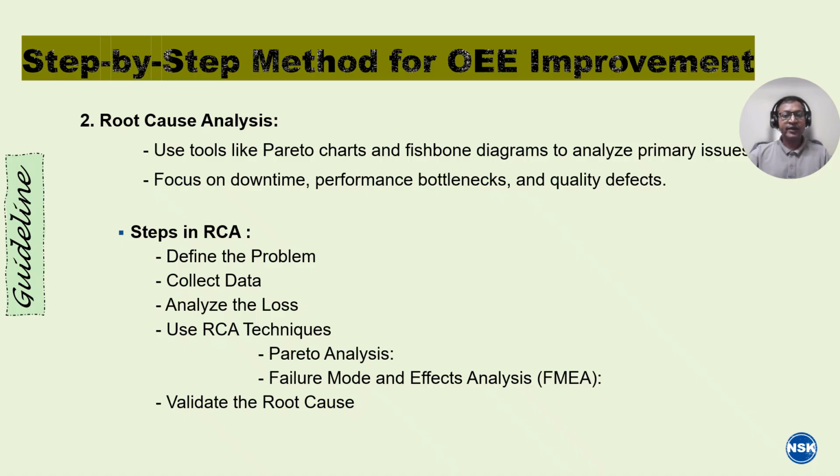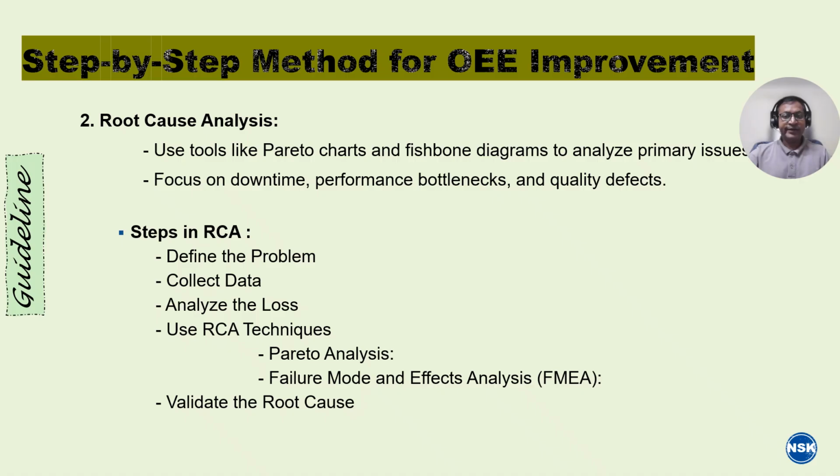The guideline steps are: first, define the problem. Identify the specific loss affecting OEE. Example: frequent machine breakdowns, slow cycles, or high defect rates. Use OEE data to pinpoint which component, that is availability, performance, or quality, is underperforming.